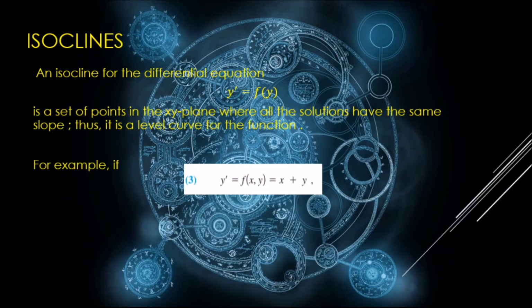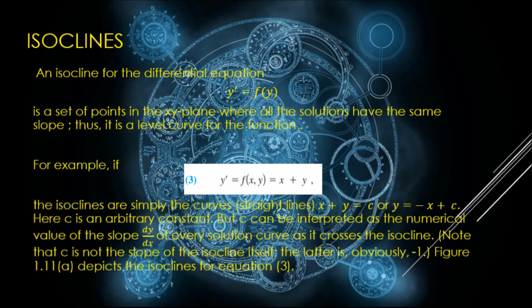For example, if y prime is equal to the function of x and y equal to x plus y, the isoclines are simply the curves, straight lines, x plus y equal to c, or y is equal to negative x plus c. Here, c is an arbitrary constant, but c can be interpreted as the numerical value of the slope dy over dx for every solution curve as it crosses the isocline.